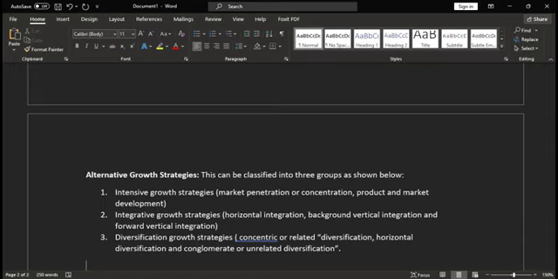The integrative covers the horizontal integration, backward vertical integration, and forward vertical integration, while the diversification growth strategies are made up of concentric or related diversification, horizontal diversification, and conglomerate or unrelated diversification.